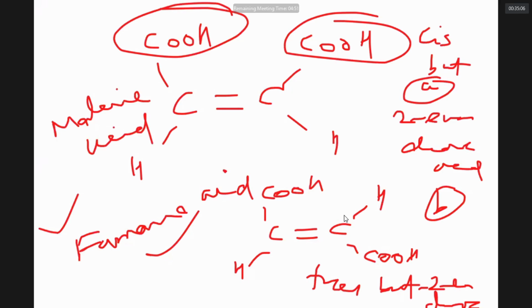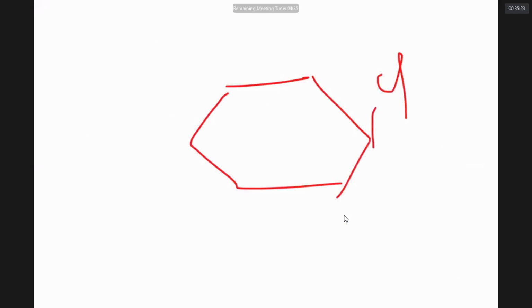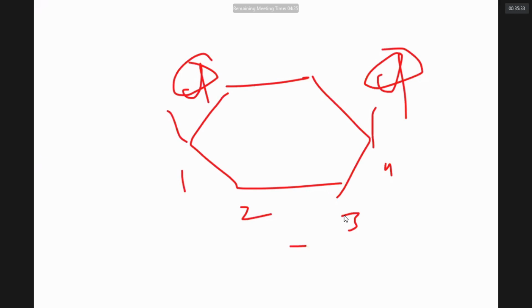So many compounds where C-C rotation is restricted due to a double bond or due to a ring can show geometrical isomerism. If you have a compound like this, it is 1,4-dichlorocyclohexane. If both Cls are on the same side, it is called cis.